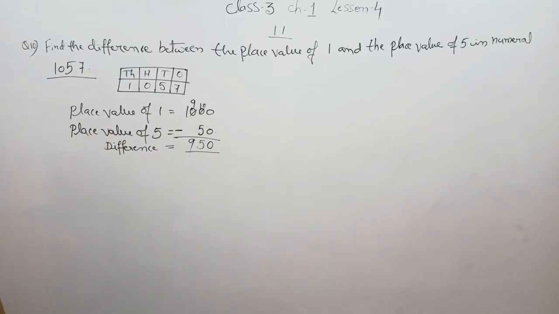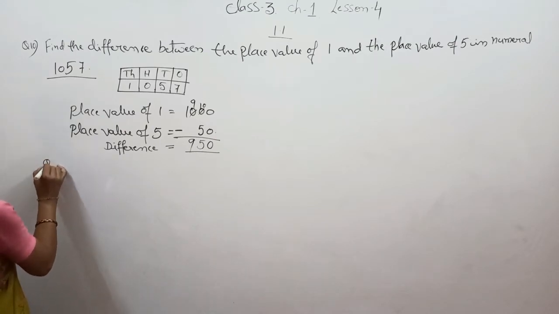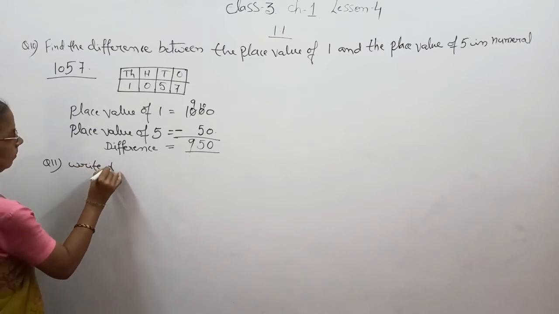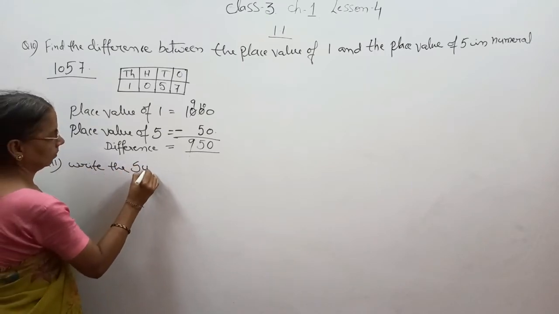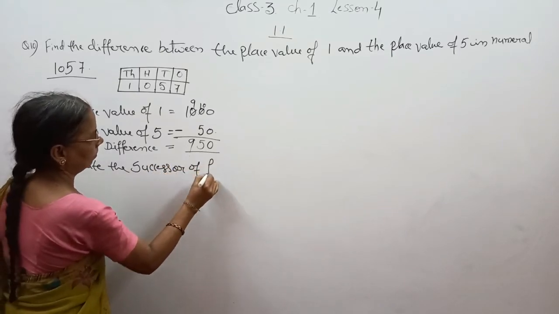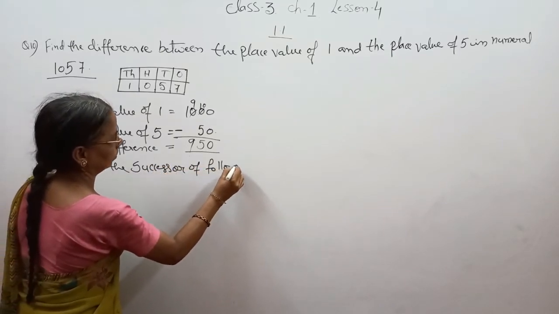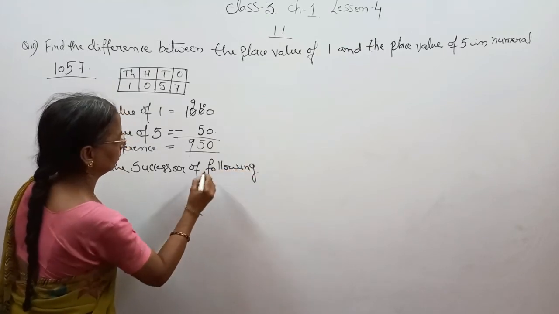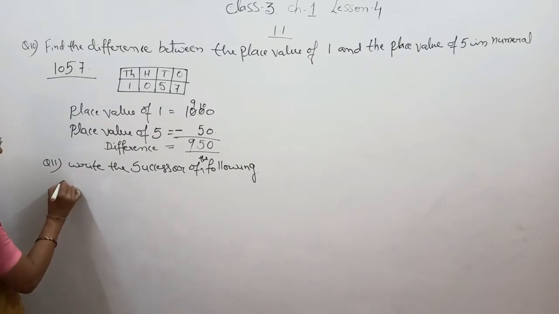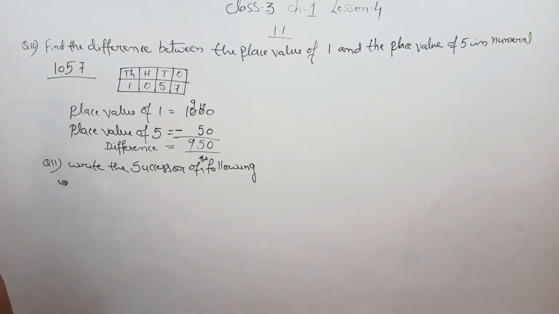Now we have to move to question number 11. That is, write the successors of the following. Question number 1: 568.